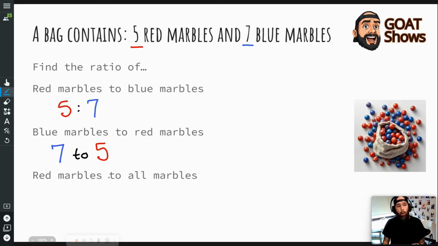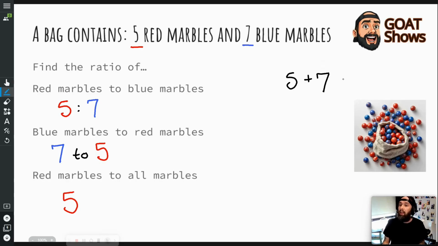Next is red marbles to all marbles. Well, I know red marbles are 5, but all marbles, it doesn't give us that number. Oh, but you know what? I can find out, because I could add up 5 plus 7. And if you're like, oh, is that why we did the problem that we were supposed to do in the warm-up?